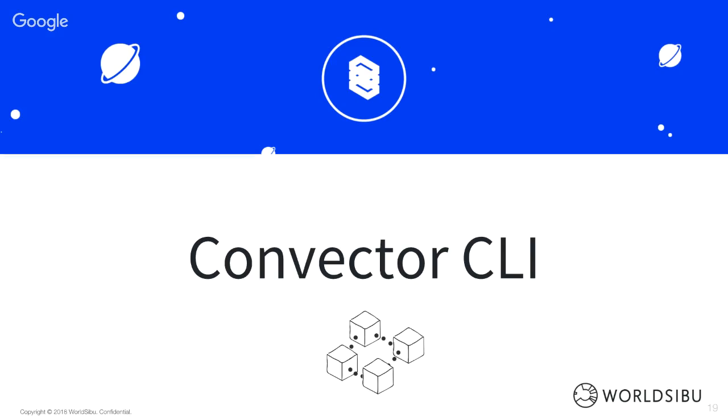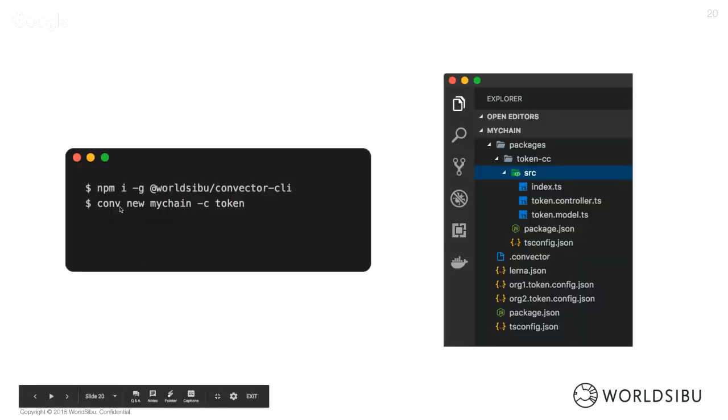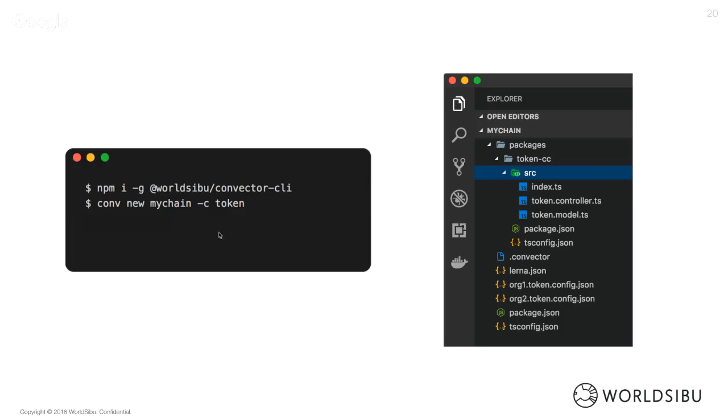Now I'm going to talk a little bit about the Convector CLI. We have a CLI you can use to generate new Convector projects without doing too much. All you need to do is npm i -g @worldsibu/convector-cli. It will install a global utility on your computer, and then you can just do conf new my-chain.